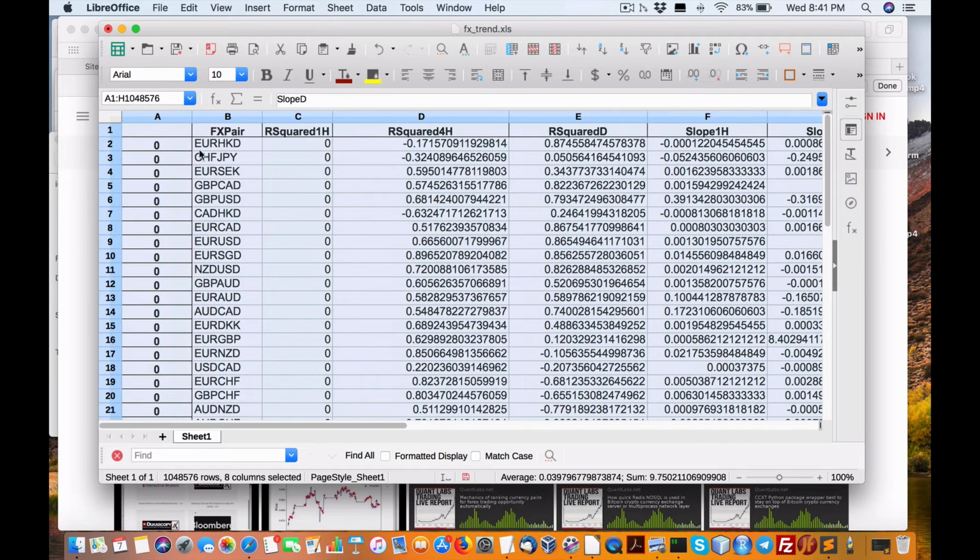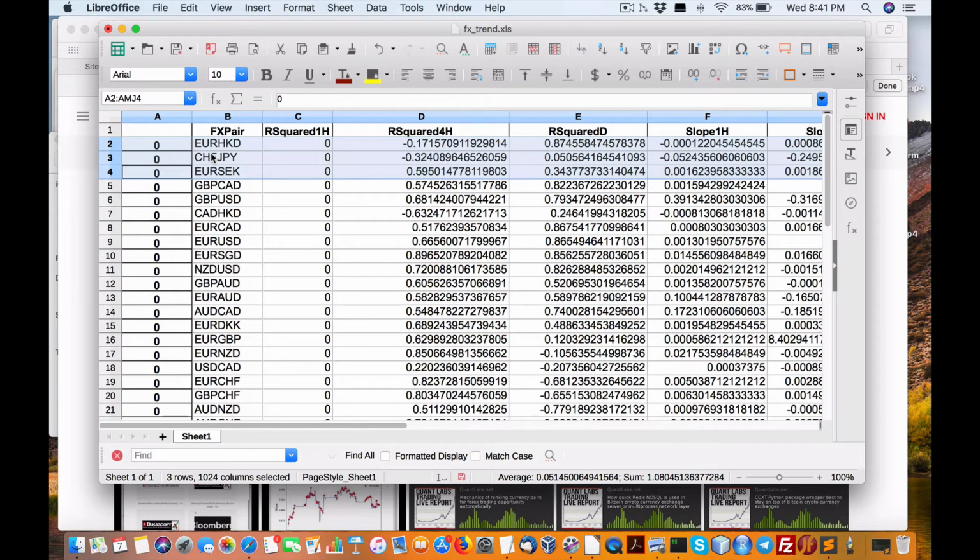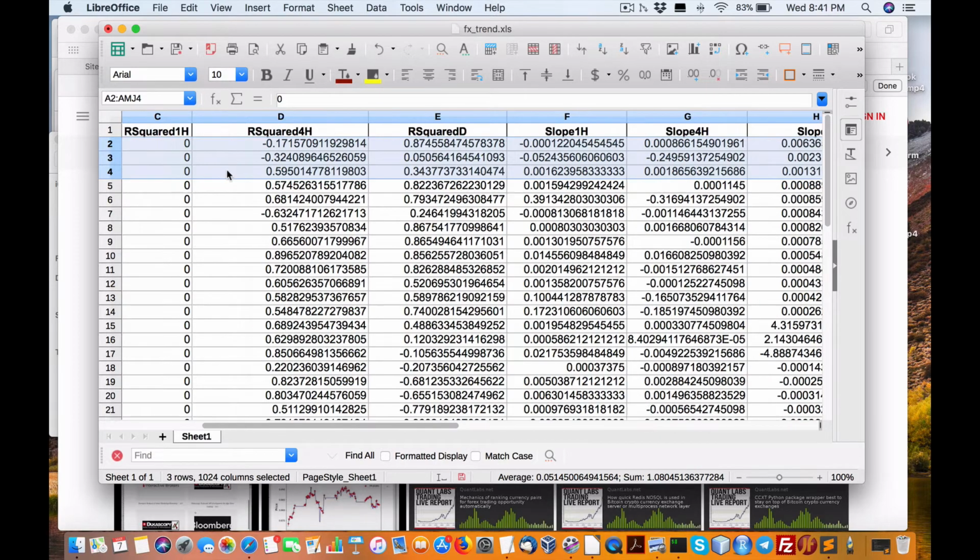So in my case, let's work with the top three strongest trends with the strongest slope, and we sort by the daily slope. So you can see here what we have. The top three would be Euro, Hong Kong dollar, Swiss franc and the Japanese yen, and the Euro and Swiss kroner.